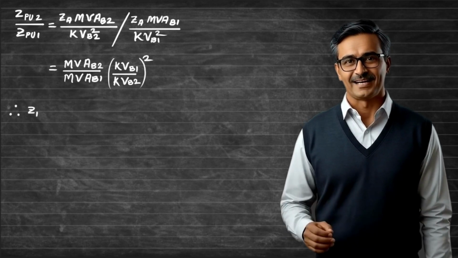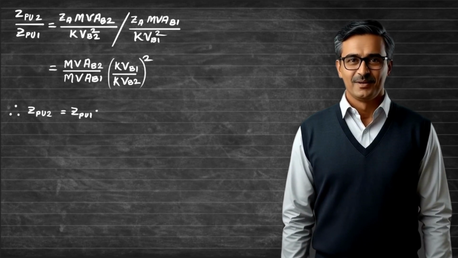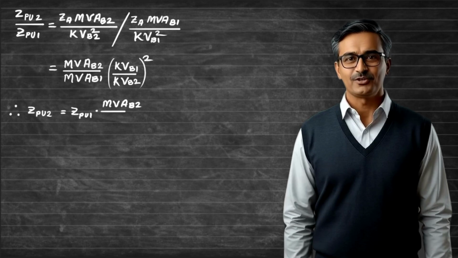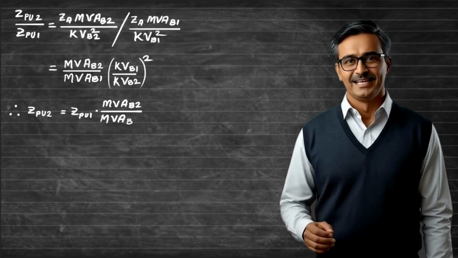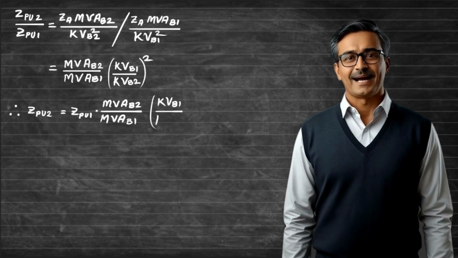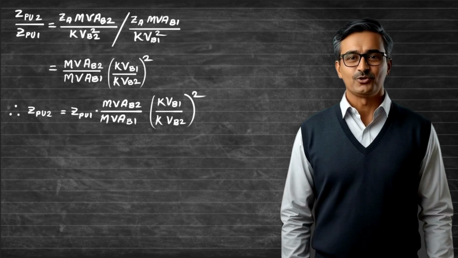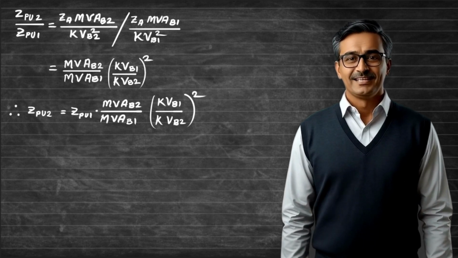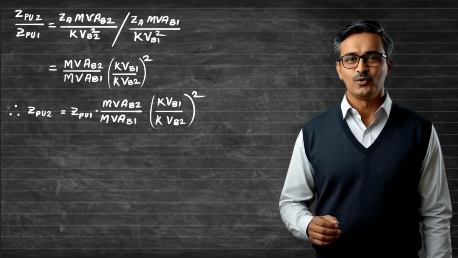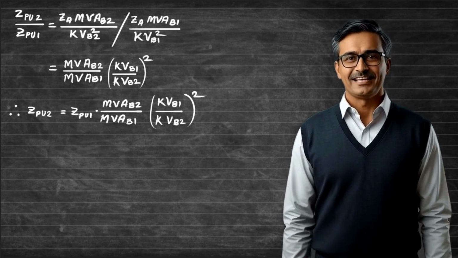Therefore, we finally obtain ZPU2 equals ZPU1 multiplied by MVA B2 divided by MVA B1 multiplied by KVB1 divided by KVB2 whole square. This equation is used to convert the per unit impedance of a transformer from its own base values to the new base values used in the power system calculation.